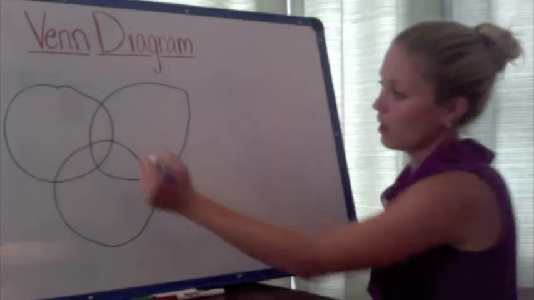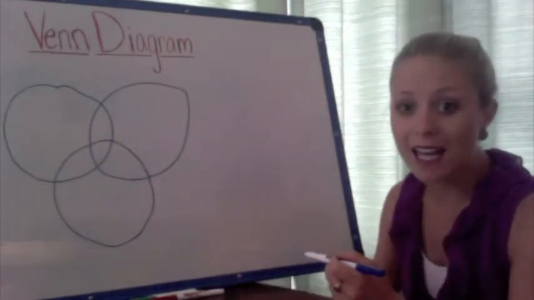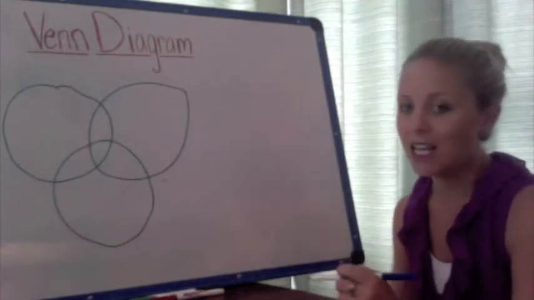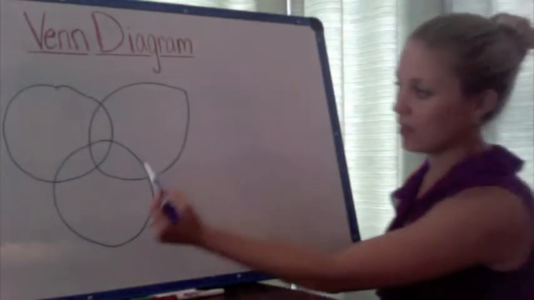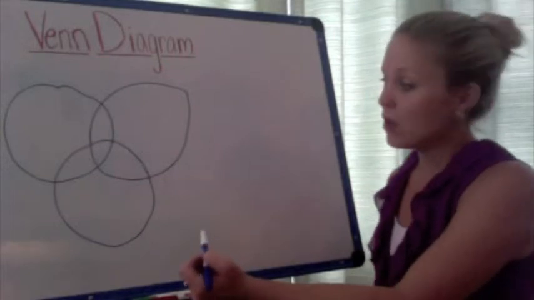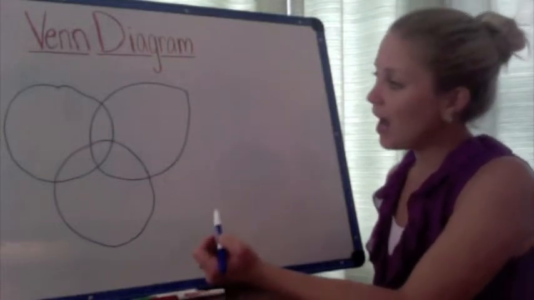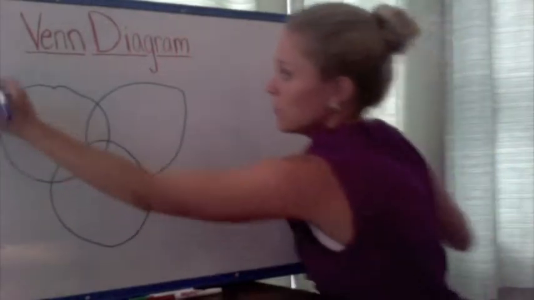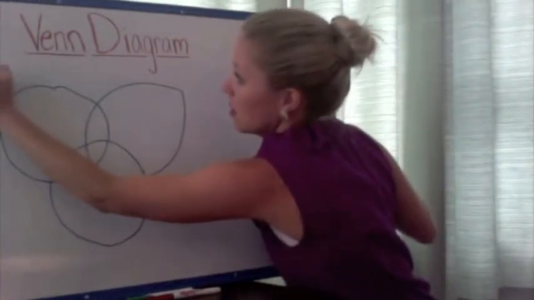And then you draw your third circle down below. Three. Now, when you do a Venn diagram with three things to compare, it gets a little tricky because you have a lot of space that overlaps. So, let's go back to our hot dogs and hamburgers, okay? So this will still be hot dogs.